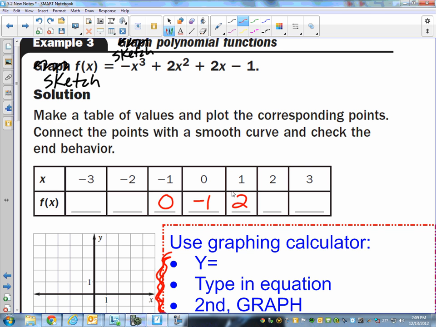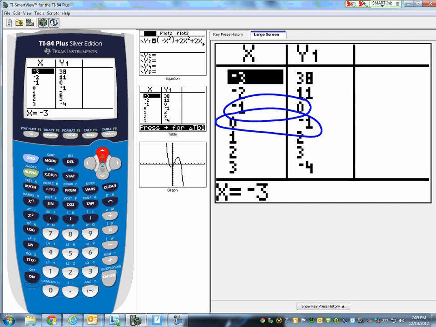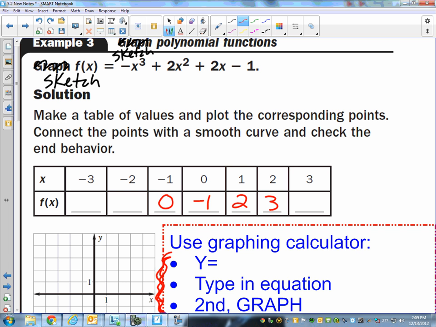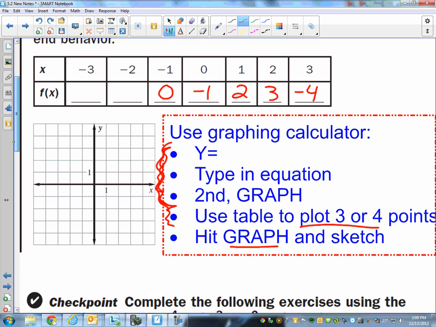We'll plot 5 just to be fun. We'll plot a few of these, and then look at our graph and sketch in the rest of it. So -1, 0, 0, -1, 1, 2, 2, 3, and 3, -4.